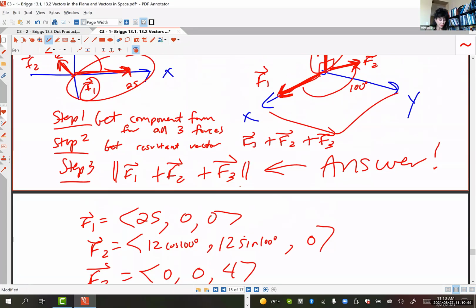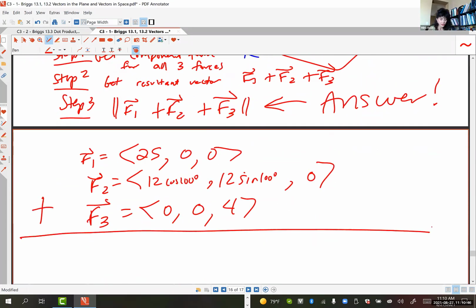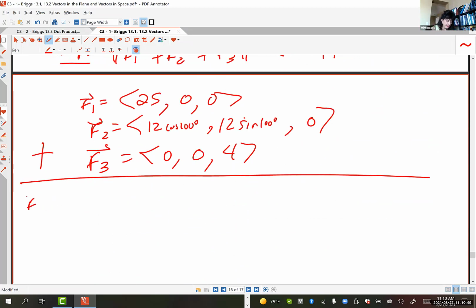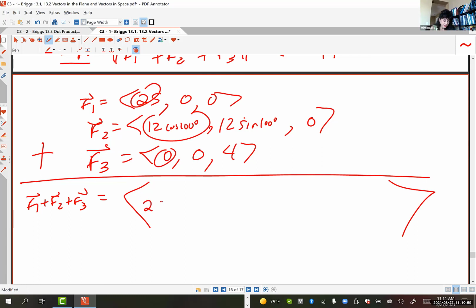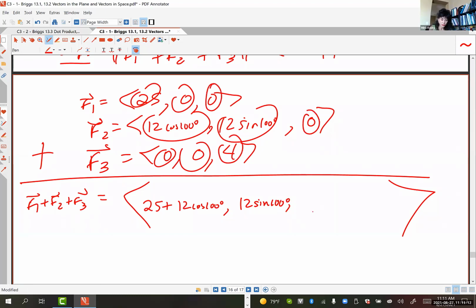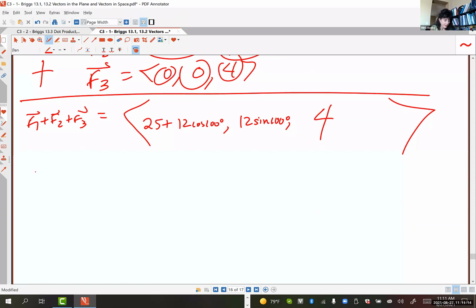Yay for us. Now what? Let's add all three of these vectors together to get the resultant vector. F1 plus F2 plus F3 gives me a big vector. Add all the x components together to get the resultant vector's x component. Add all three y components together, and we get the y component, and then add all the z components together, and then finally get the magnitude of this big old resultant vector.